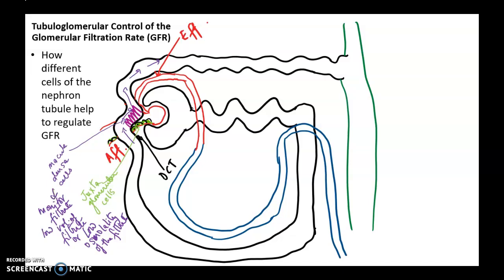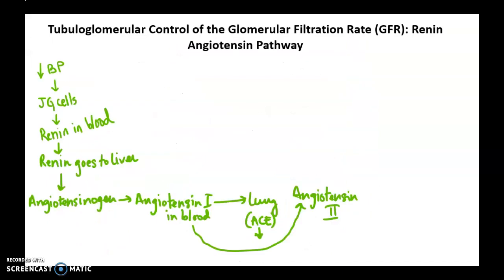Now, in turn, and we have studied this in the cardiovascular system as well. In response to these macula densa cells, the juxtaglomerular cells will release a hormone called renin into the bloodstream. And remember, the stimulus here is decrease in blood pressure that was sensed by the macula densa cells, which then triggered the juxtaglomerular cells to release renin.